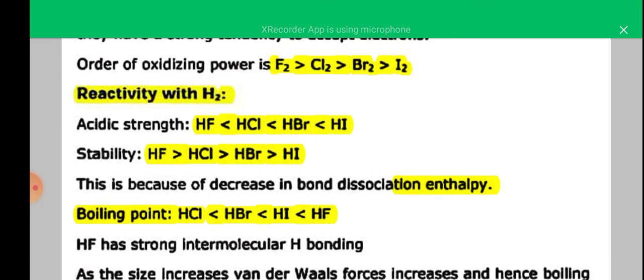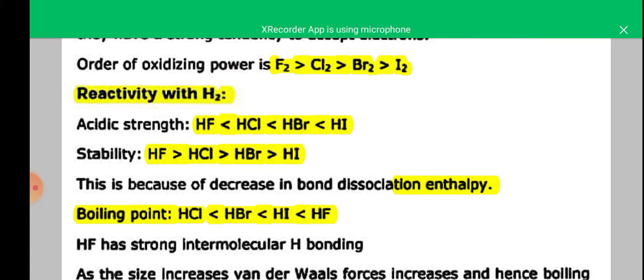The acidic strength increases from HF to HI. This is because the bond length increases from HF to HI, and the bond becomes weak in HI, and the bond is strong in HF. That's why HI can release H+ ion more easily.